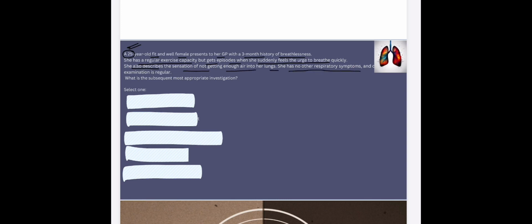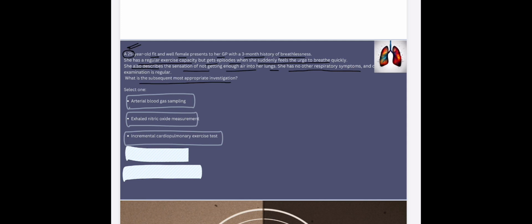She has no other respiratory symptoms and her examination is normal. What is the subsequent most appropriate investigation? ABGs, exhaled nitric oxide measurement, incremental cardiopulmonary exercise test, Nijmegen questionnaire, or serial peak flow measurements.